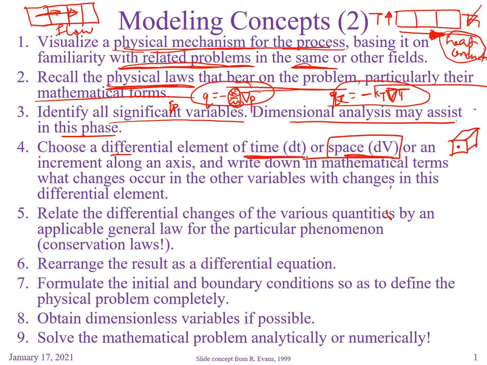This is a representative elementary volume, REV. Very small, that's why we're saying it's a differential element. Small enough to be able to approximate the domain without introducing large truncation errors. And we can do the same thing in time. We discretize time into delta t's and space into delta V's.